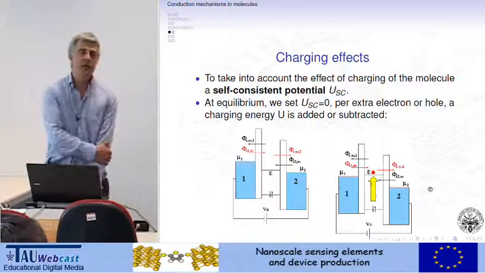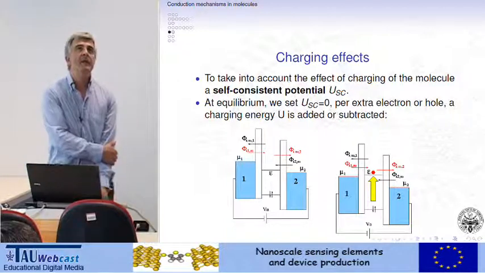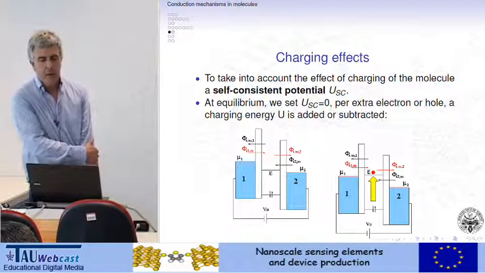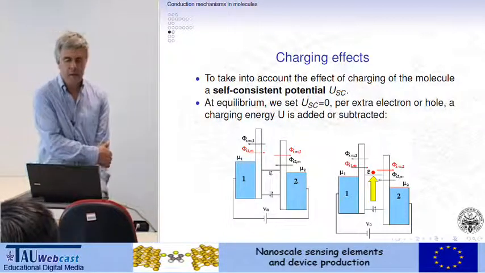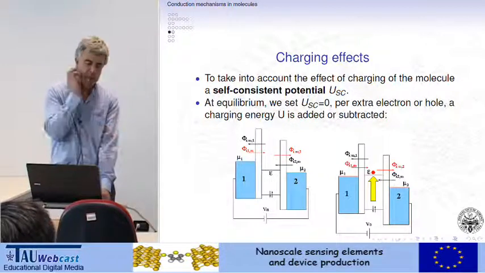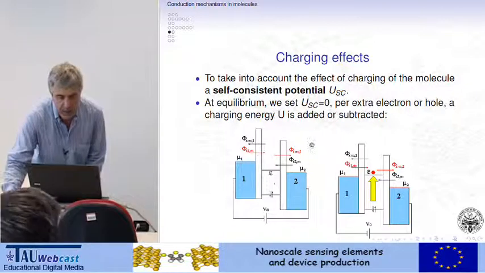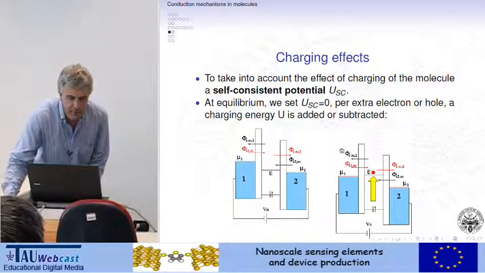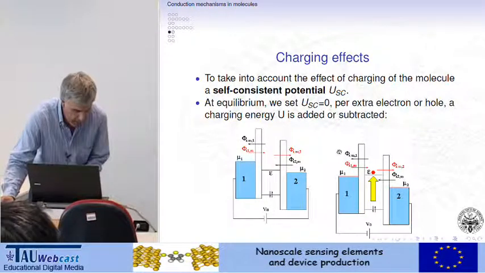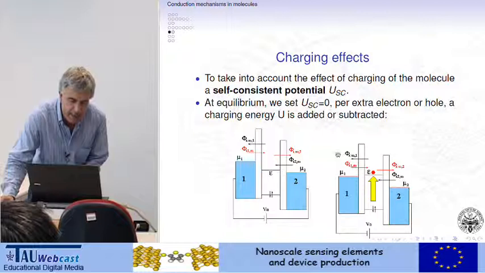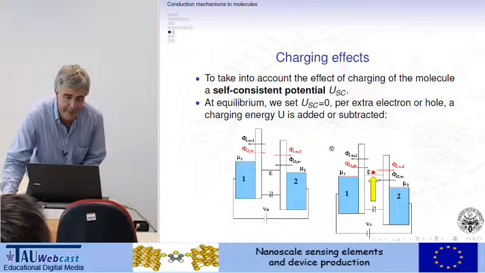So the problem that we have with molecular systems like that is to consider also the effect of the charges traveling on the system. How can we do that? It's not easy, and we cannot do that with a simple formula. So probably for a simple description of molecular electron devices, we cannot do it.